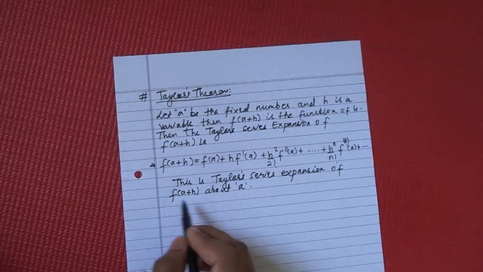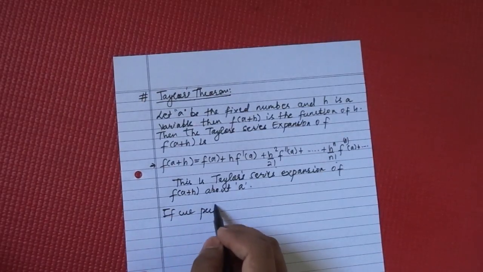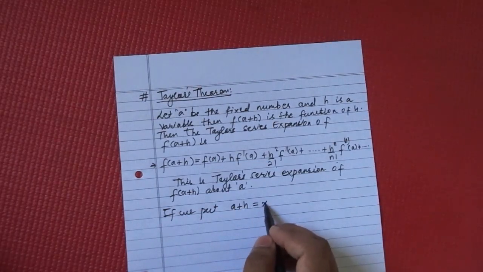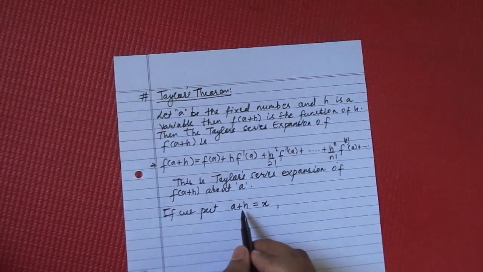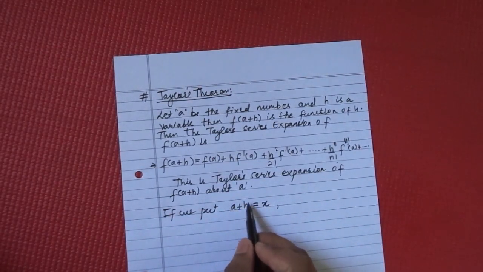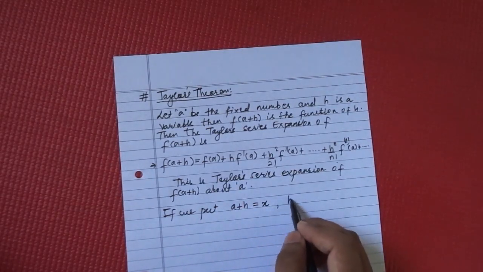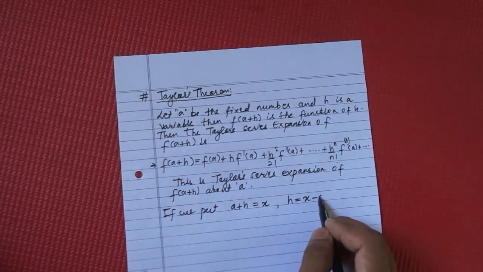If we put a plus h is equal to x, so what I am doing is a plus h, this variable, is replaced by new variable x. From this, the value of h will be x minus a.